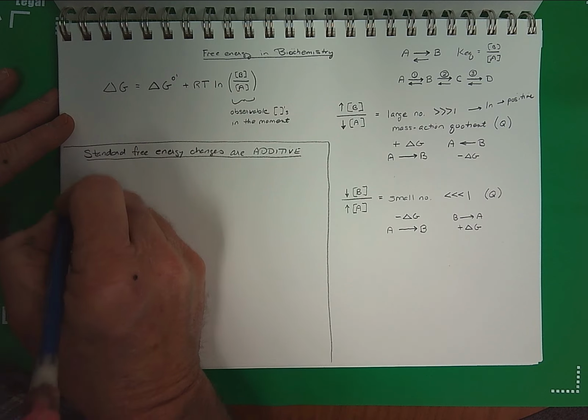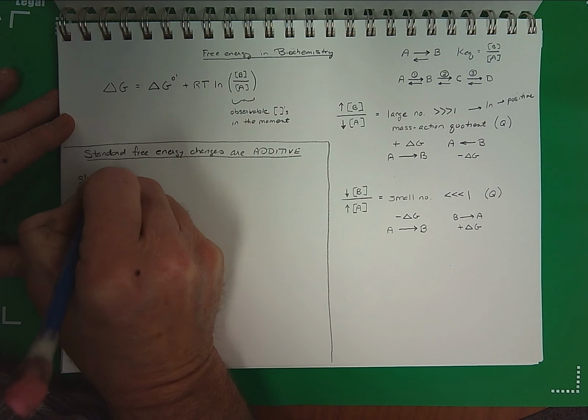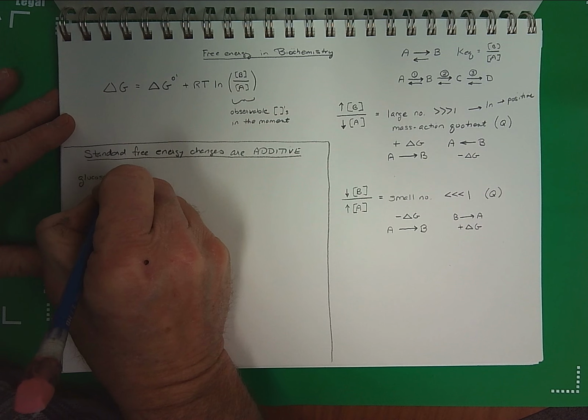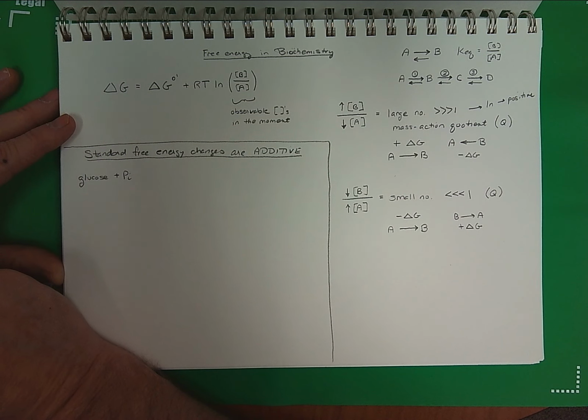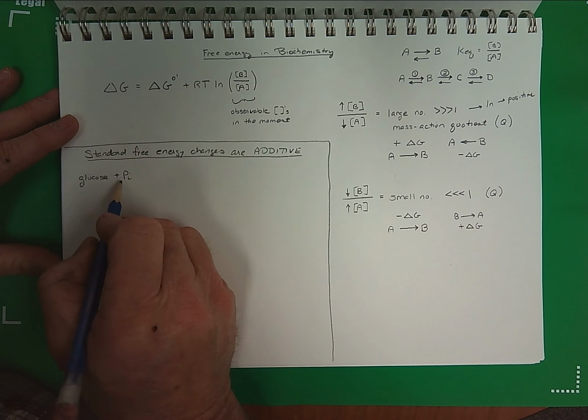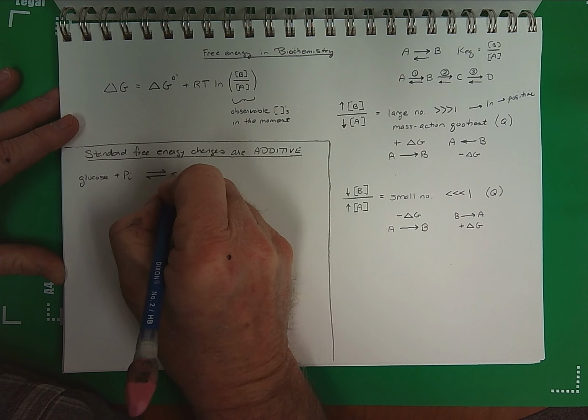So let's look at a specific example. A particular biochemical reaction, we're going to take glucose, a 6-carbon molecule that is going to be used for energy production, and we are going to add inorganic phosphate to that. This is a reversible reaction.